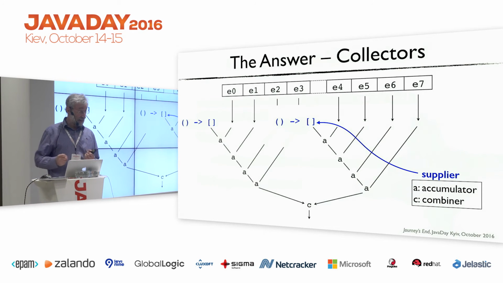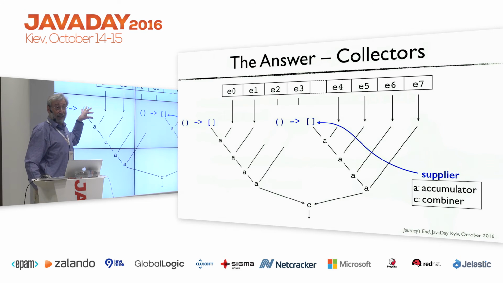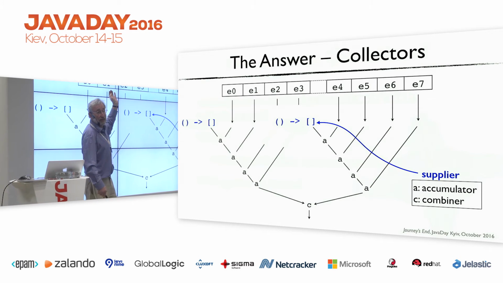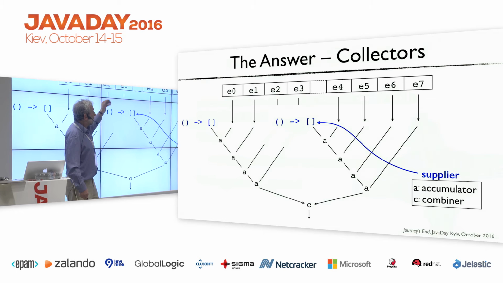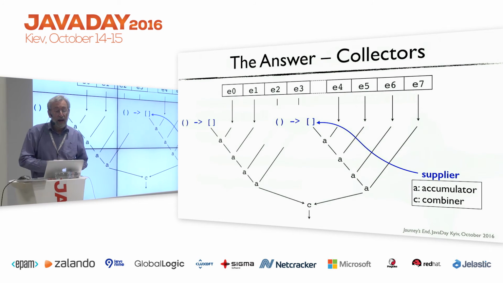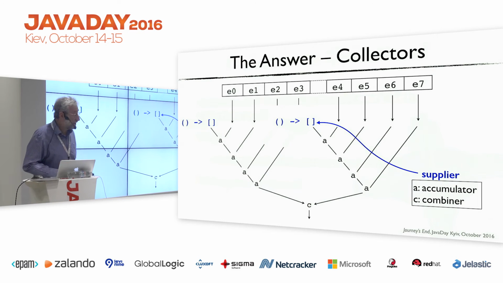And this supplier, which will be applied by each thread when it starts its sequential work on its segment of the collection, will produce a new empty collection each time, and everything will work okay. So these three elements, the supplier, the accumulator, and the combiner, are what constitute a collector.